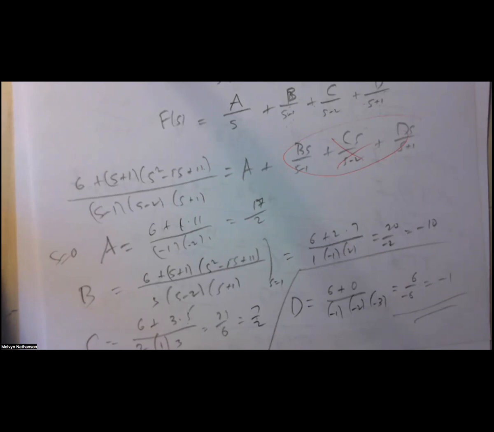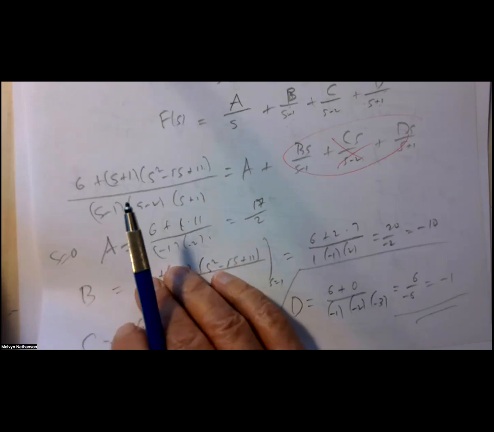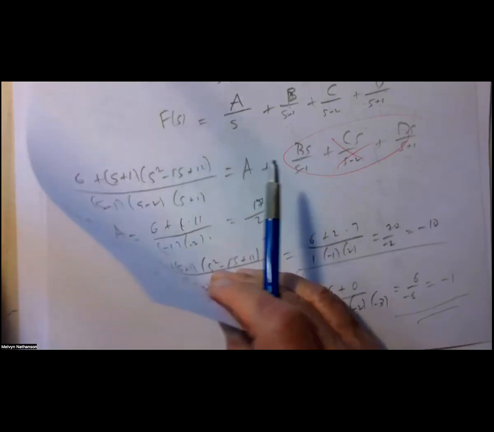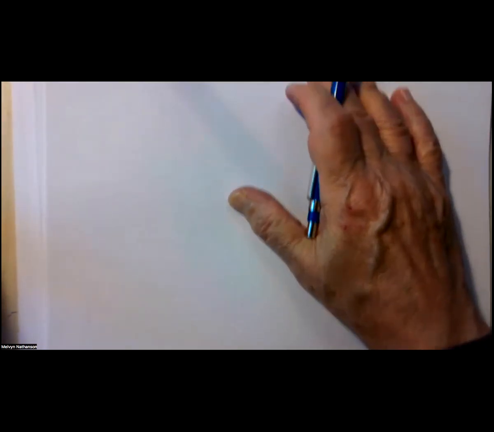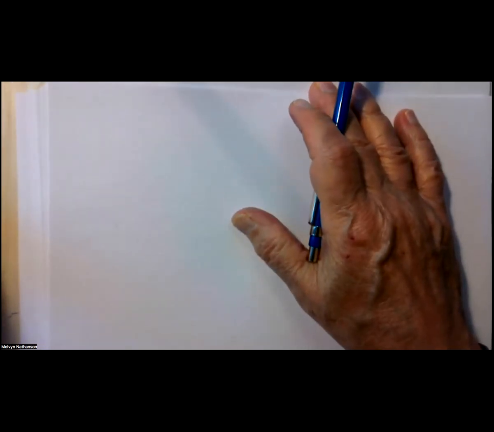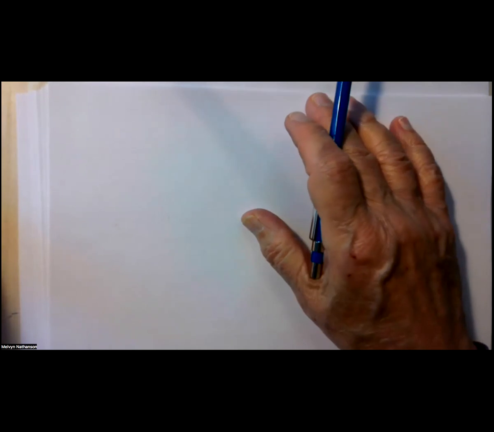Now, this method works when you have a rational function whose denominator is a product of distinct linear factors. But you remember, perhaps, you should, or at least you learned this in Math 176, how to write a function as partial fractions in more general cases.